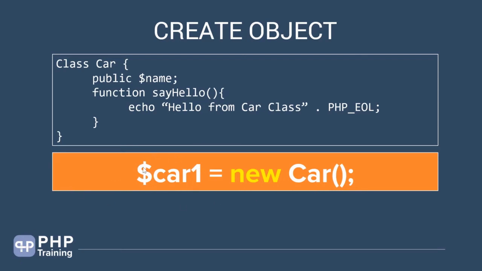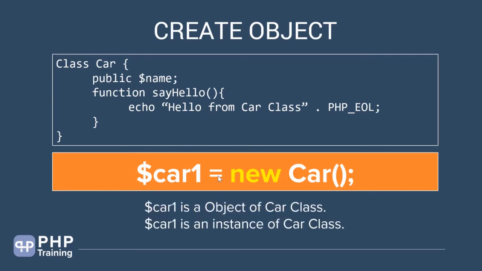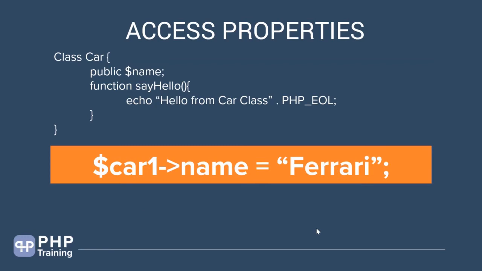So now using car1 you can access the properties and you can access the methods. Car1 is an object of the car class. Car1 is also an instance of the car class. How do you access the properties? If you want to access the property of a car class, you have to do it via the object. Just now you have defined car1 as an object. So using that object you can access the property of that class. There's a notation like the one you use for arrays.